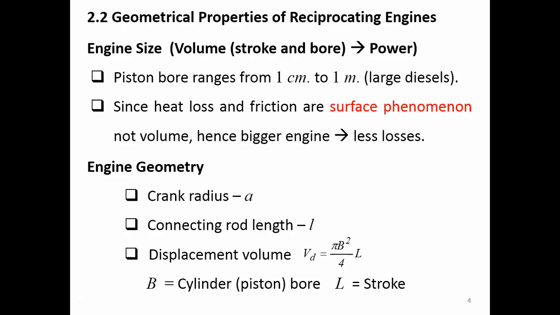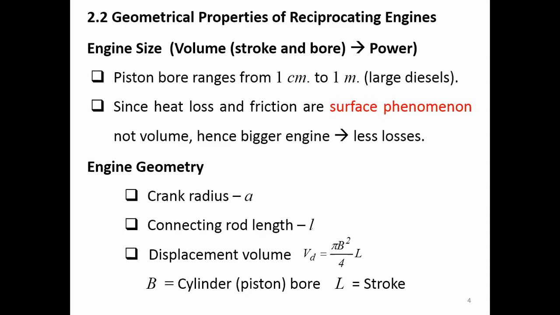So if you do a little bit of calculation on the cylinder volume, you will see that if you have an increase of the volume, the percent increase of the volume is higher than the percent increase of the surface area.